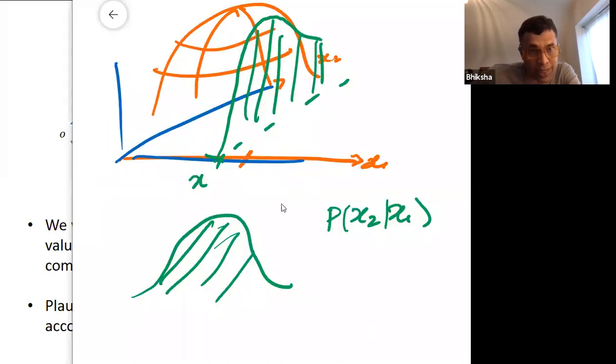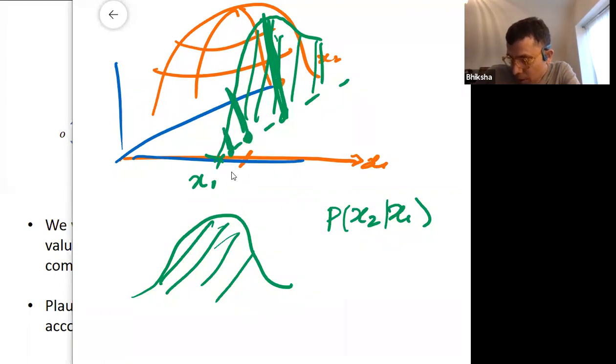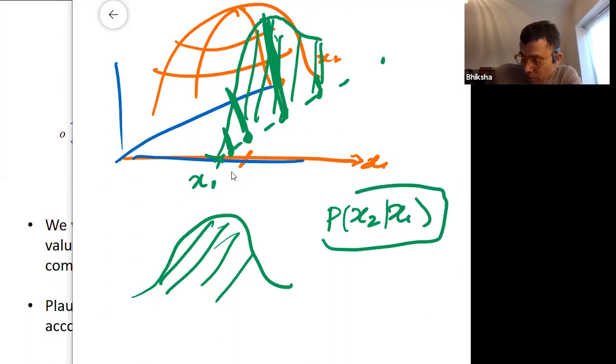Specifically, if I gave you this particular value of x1, then this value of x2 is going to be very likely. This value of x2 is going to be less likely. This value of x2 is going to be even less likely. This value of x2 is going to be very unlikely. This value of x2 is going to be impossible. So the different values of x2 for any given x1 have different probabilities, and that probability is P of x2 given x1.